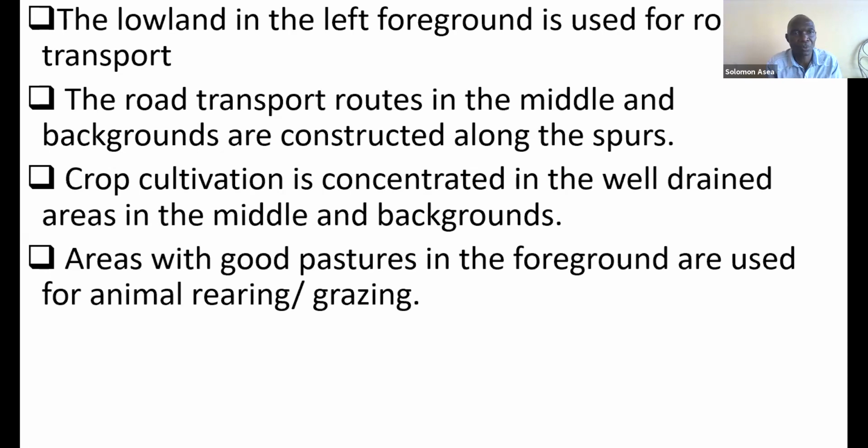So make sure you identify the physical factor. In this case, what is the physical factor? The drainage. So this could be a relationship between drainage and landform.